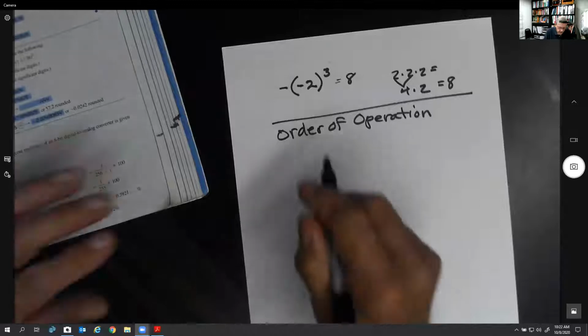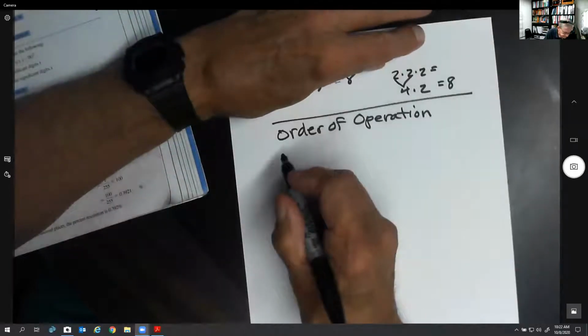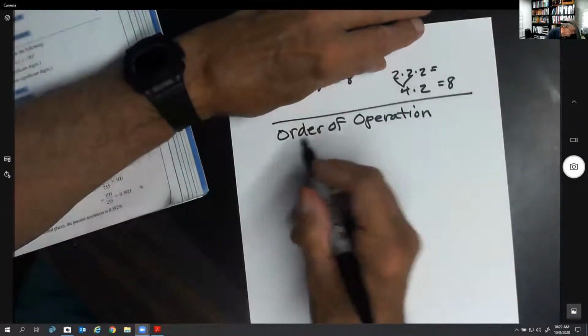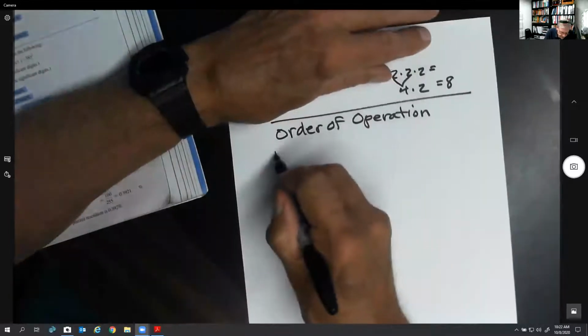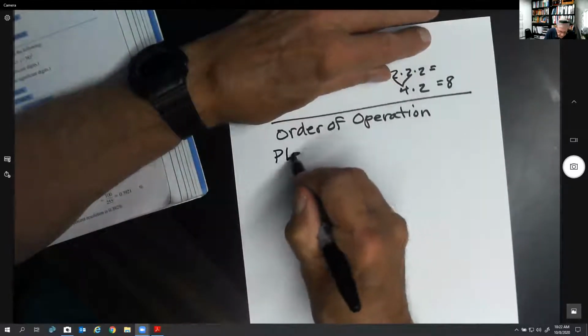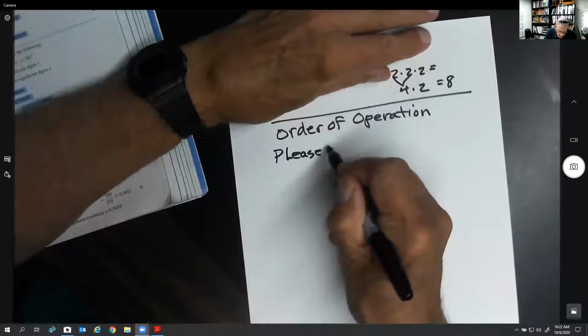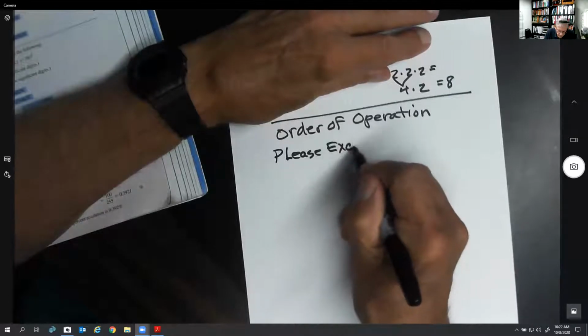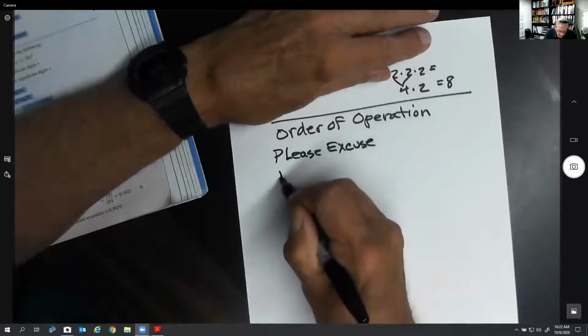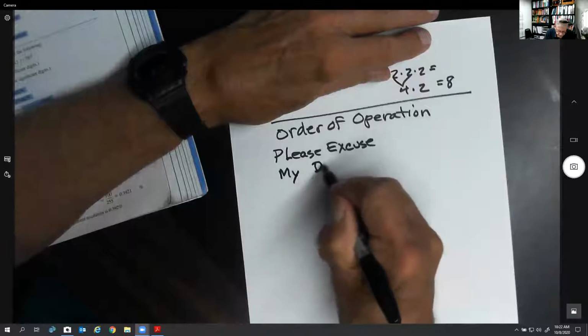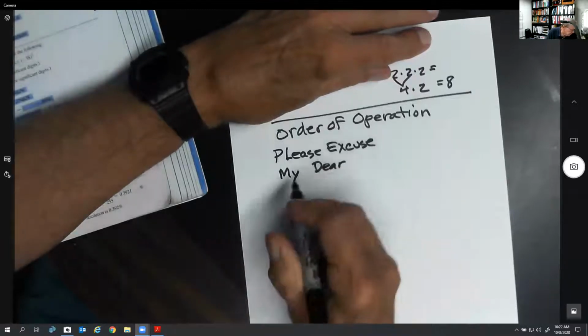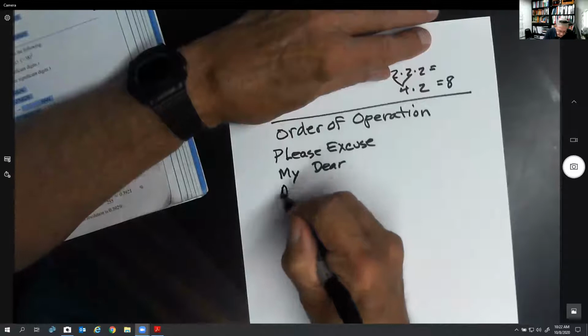So here's how we do it. A little saying that we can remember is, please excuse my dear Aunt Sally.